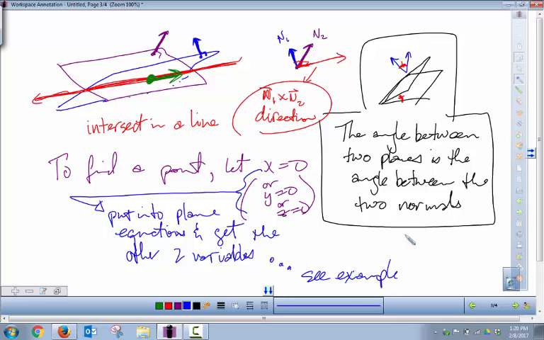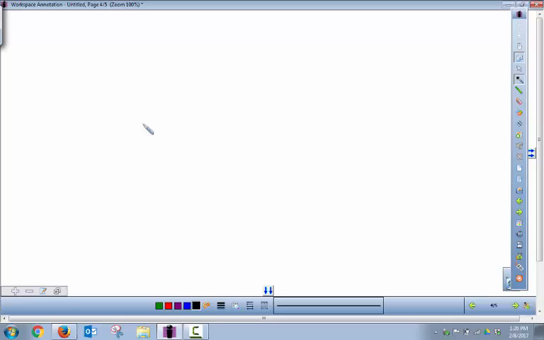So let's do an example. Let's make a couple of planes. They have to be not parallel, so the normals have to be different. Give me an example of a plane. x plus 3y plus 5z equals 7.